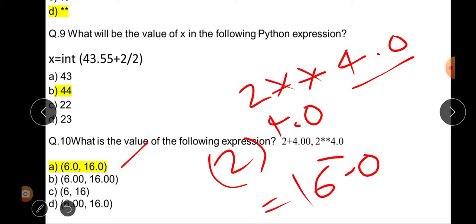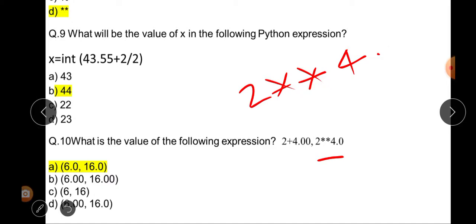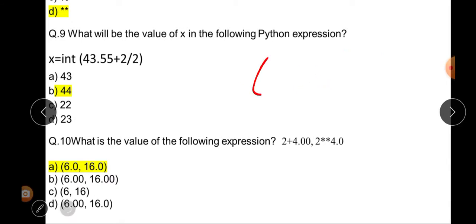But as far as the first part is concerned, there is a doubt, I think, in your mind whether the answer is 6.0 or 6.00. Actually, when we add 2 to a float value, that is 4.0, the answer should be a float value. I think there is no doubt about this point.